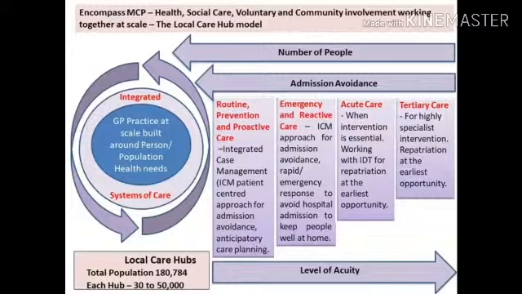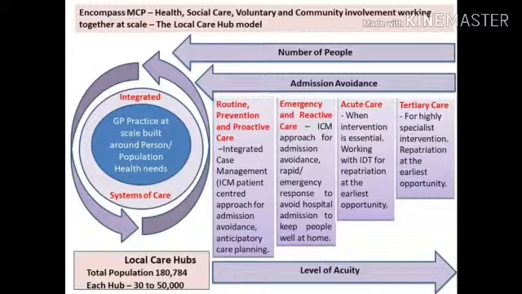And then deliberately the boxes are getting smaller as you go to the right, because our raison d'etre, if you like, is to keep the greatest number of people as close to the GP practice as possible with routine prevention, proactive care. I'll talk about our anticipatory care planning. I heard a little bit on the end of your last presentation about the integrated case management and care planning, so I'll explain what we did.